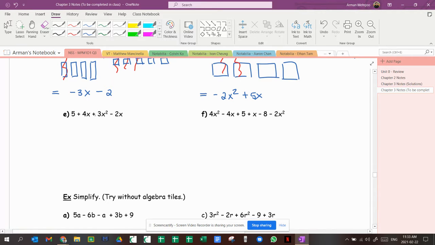So with E, I have positive 3x squareds. I have four positive x's. And I have two negative x's. I also have five positive ones.